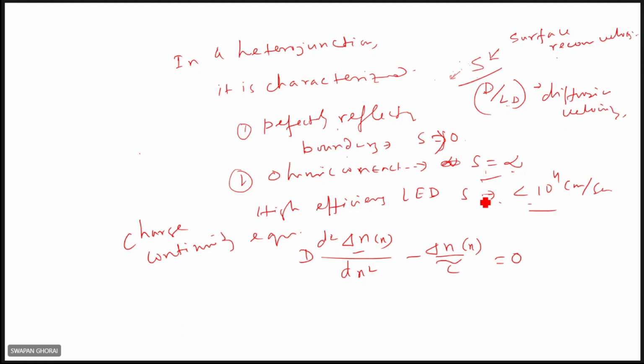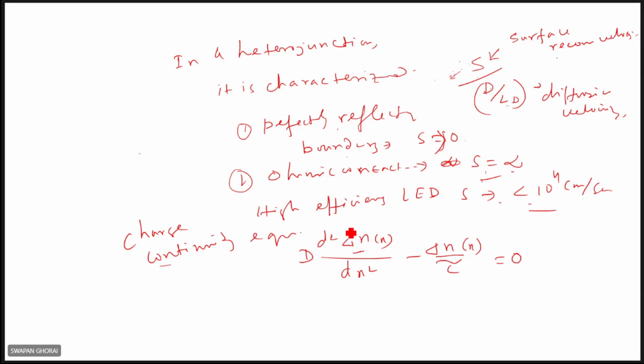With this, we can now solve the charge continuity equation to get the value of delta n x at a certain distance x. That is most important. As before, you can write rate of accumulation equal to rate of recombination.